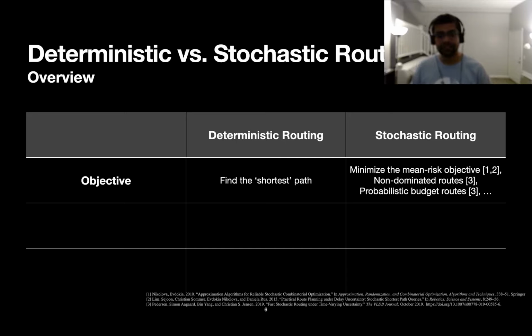Here, we are interested in three definitions of the shortest path. One that minimizes the mean risk objective, finding the Pareto set of all the best routes between the source and the destination, and the probabilistic budget routes. I shall come back to the precise definitions of these three objectives in a little bit.